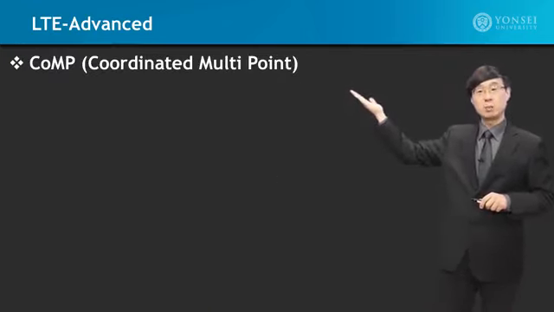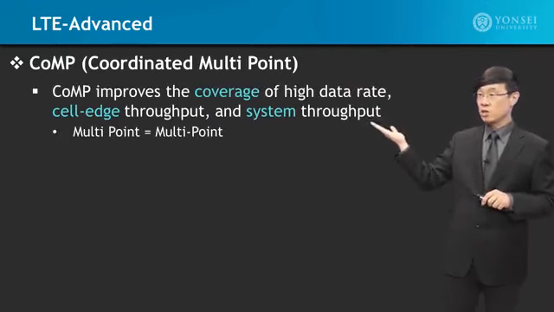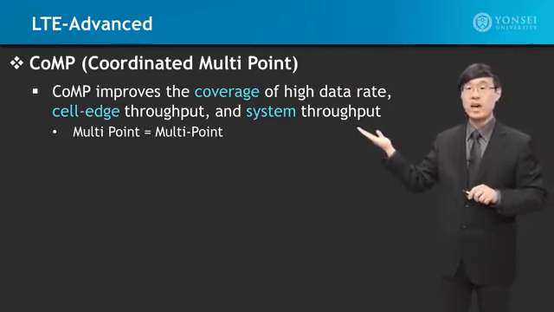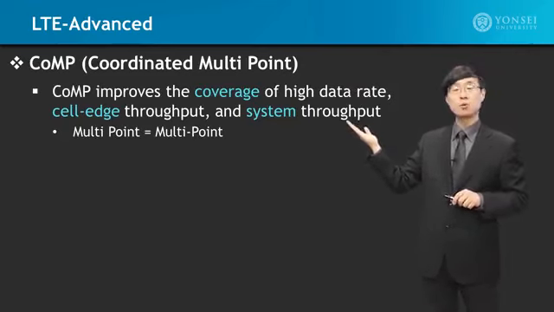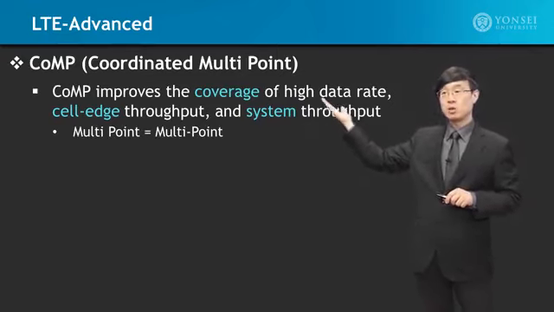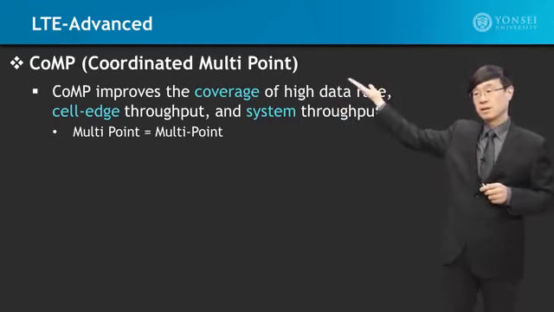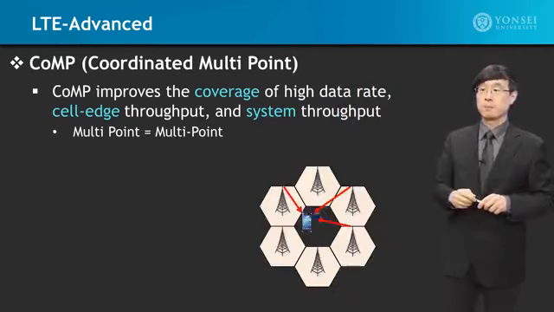CoMP, Coordinated Multipoint Technology. This improves the coverage of high data rate, cell edge throughput, which is where we have our weak point, and system throughput. You may see multipoint with a hyphen or without a hyphen, and you will see both in various documents. So consider them the same when you see CoMP.